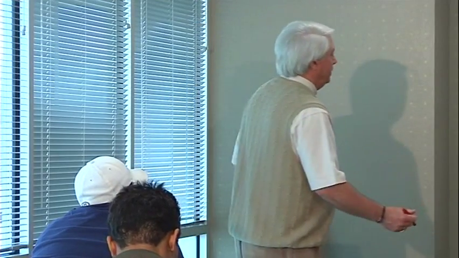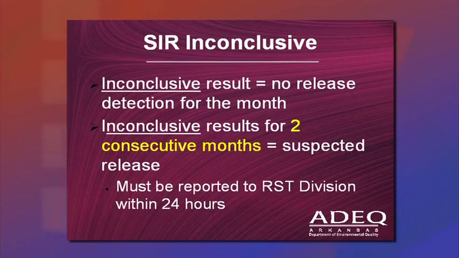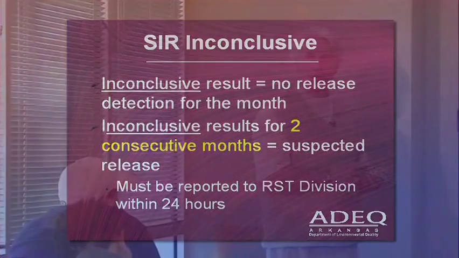So that's inconclusive. Now, if you get an inconclusive, it basically means that you have no release detection for that month. If you get an inconclusive in 2 consecutive months, it is a suspected release. That has to be reported to us within 24 hours.